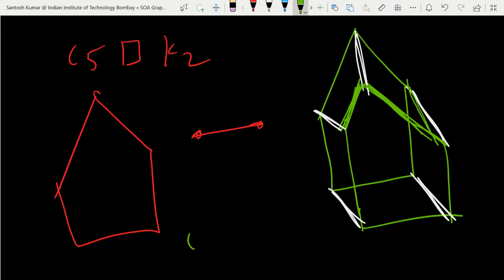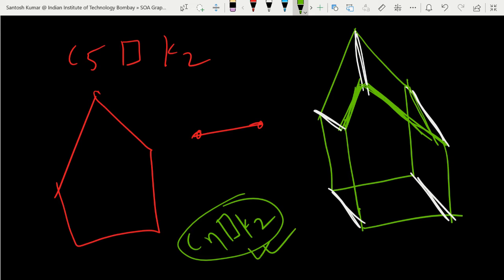And if you notice that Cn Cartesian product with K2, each vertex will have degree 3 only. Yes, what is the answer?